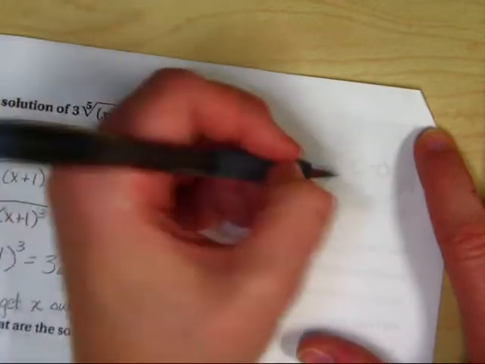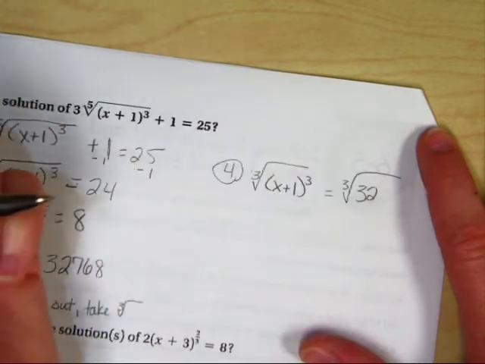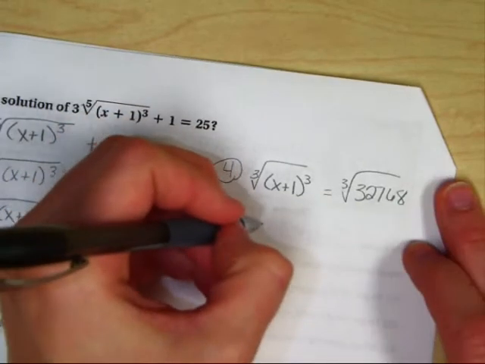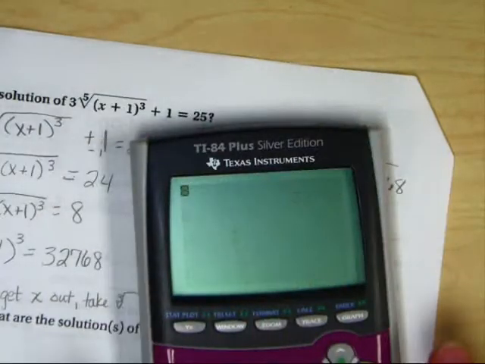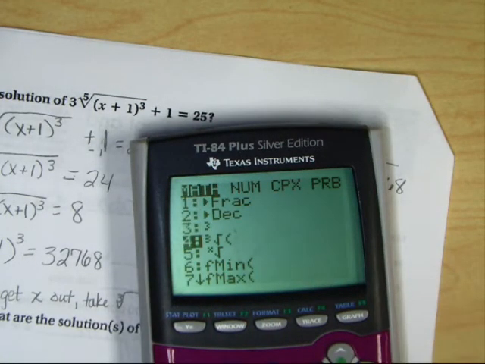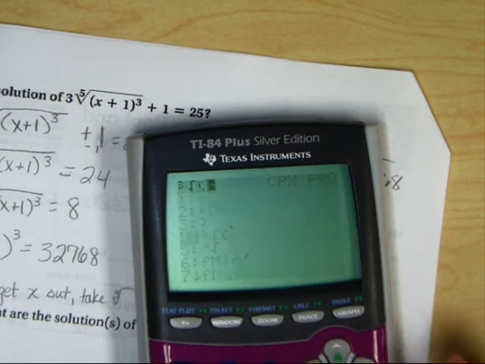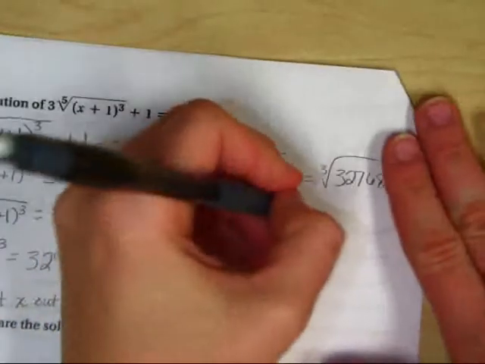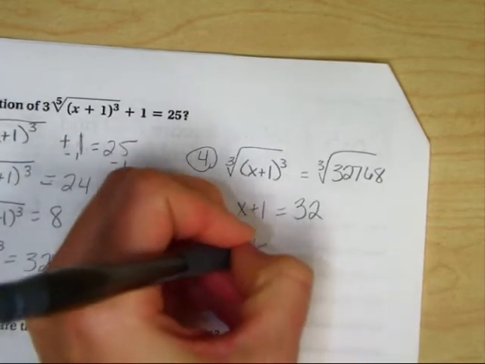And that's going to equal the cube root of 32768. Okay, and that's going to give me x plus 1 equals the cube root of 32768, 32. Subtract 1, x is 31.